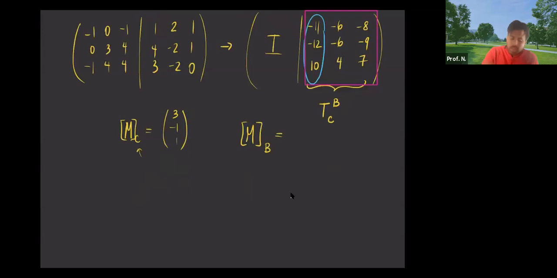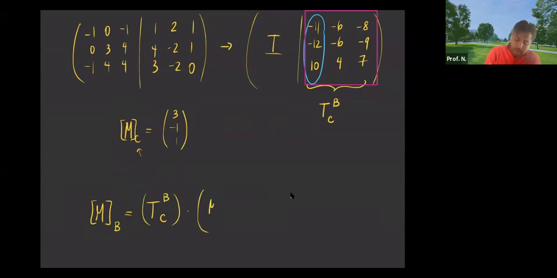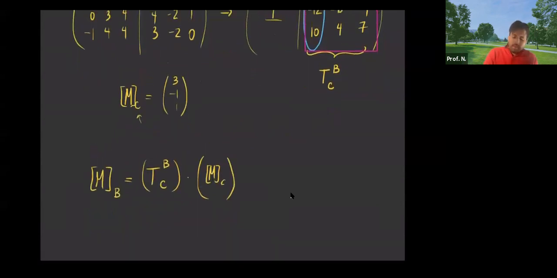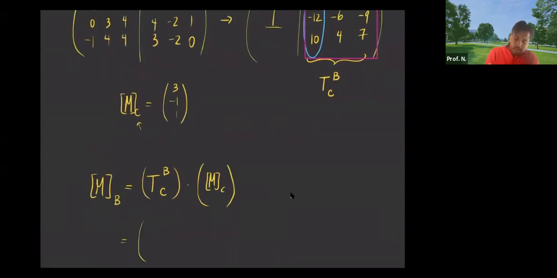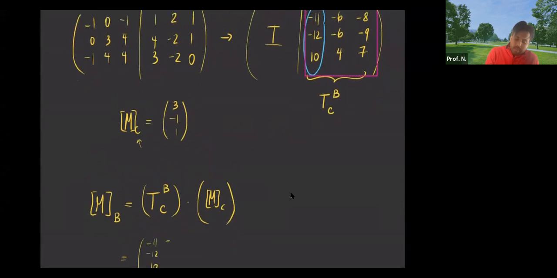Then instead of doing it all over again, I already have the map. This is the map from C to B. I already have it. All I have to do is multiply it by the vector. So I would just multiply this entire thing, -11, -12, 10, -6, -6, 4, -8, -9, 7, by 3, -1, 1. And this will give me the column vector.